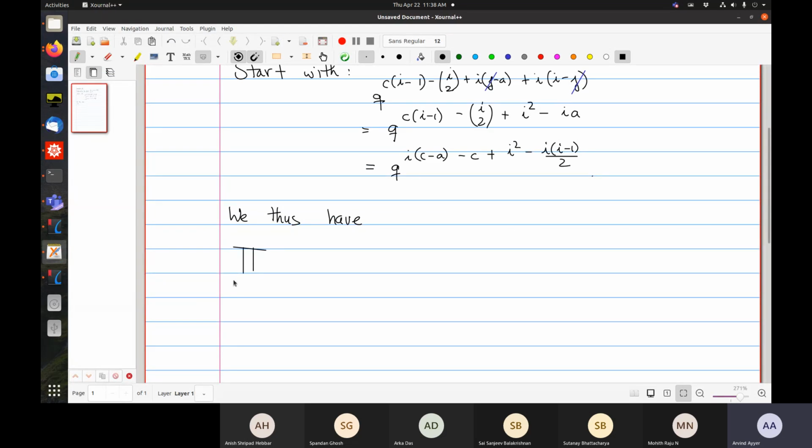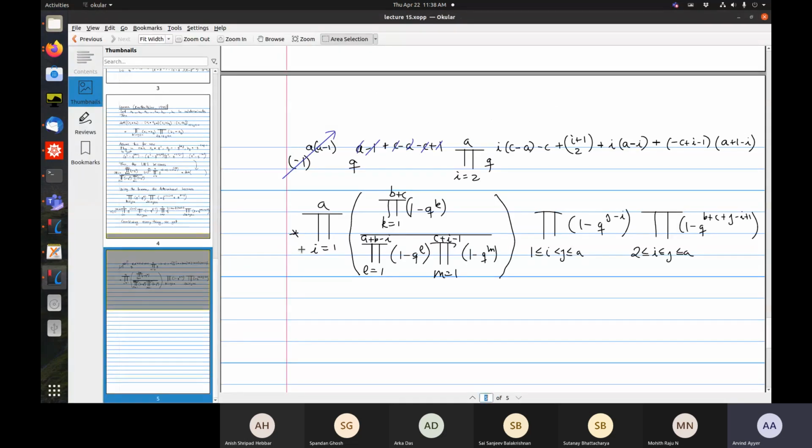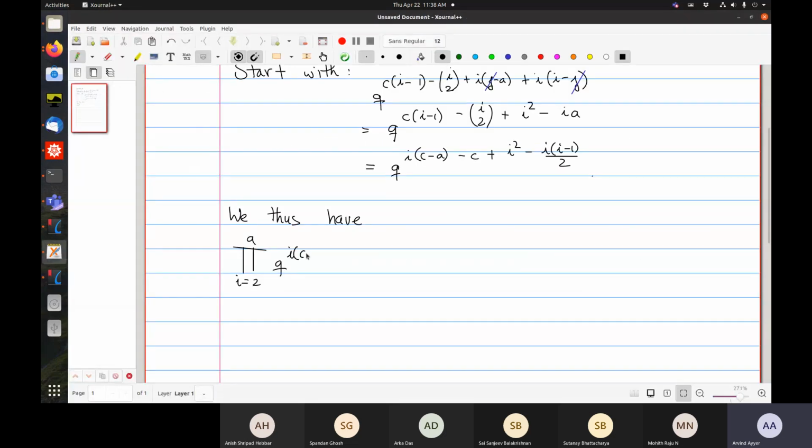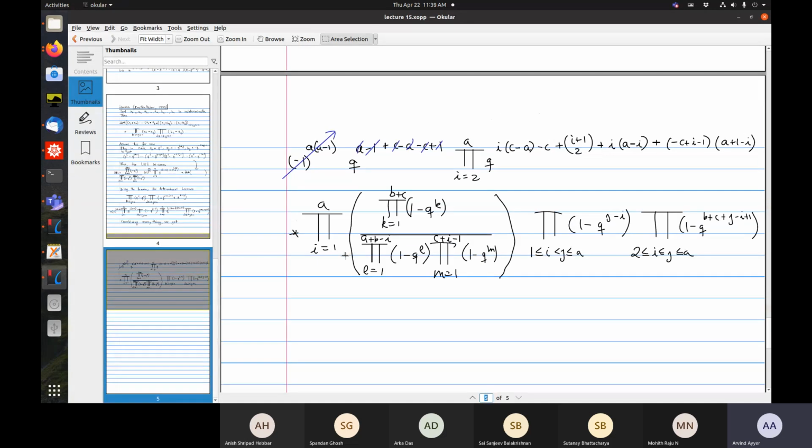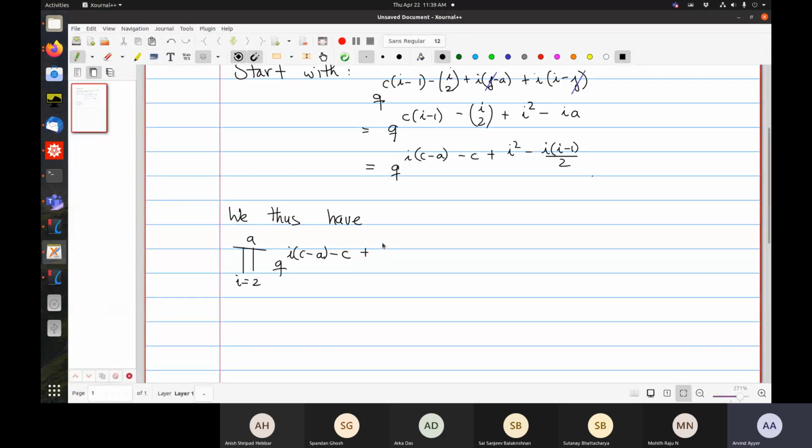Product i equals 2 to a, q to the i c minus a minus c plus i plus 1 choose 2, as I just explained, plus i a minus i. All these other factors I had, I think, convincingly explained.